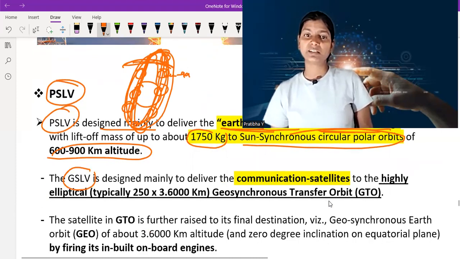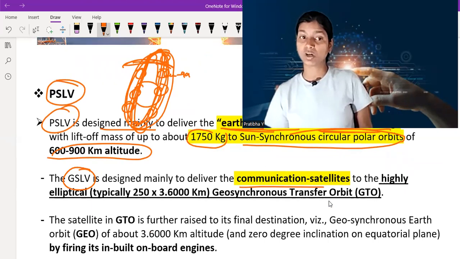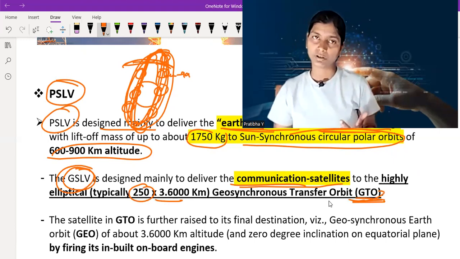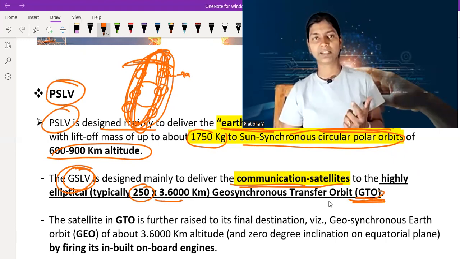The GSLV is designed mainly to deliver communication satellites to a highly elliptical GTO, approximately 250 by 36,000 km. So GSLV is designed mainly to deliver communication satellites into GTO, and PSLV is designed to put Earth observation and remote sensing satellites into LEO.